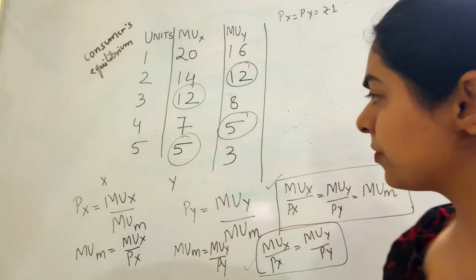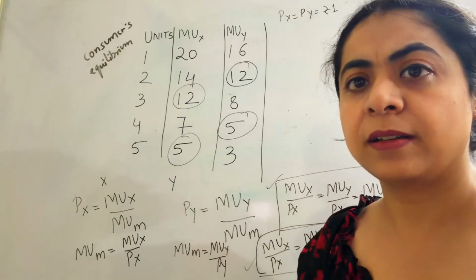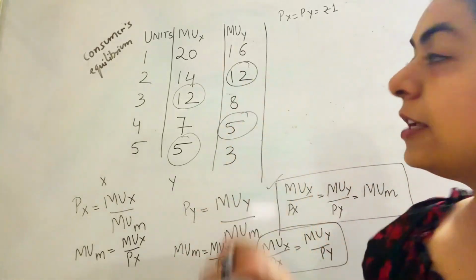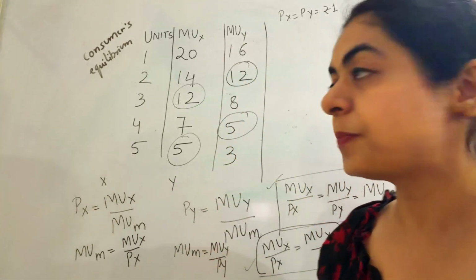The second condition will remain the same as in the one commodity case: marginal utility should fall as consumption increases.